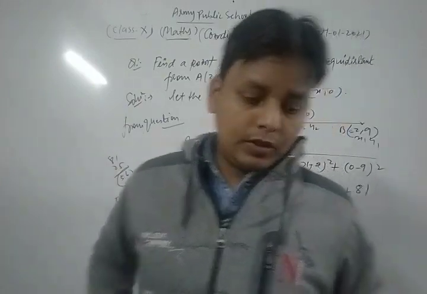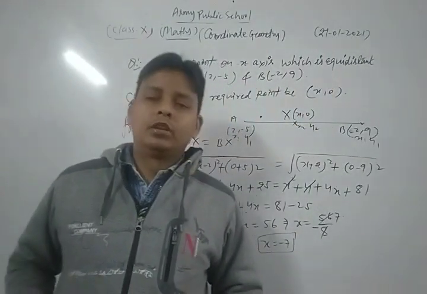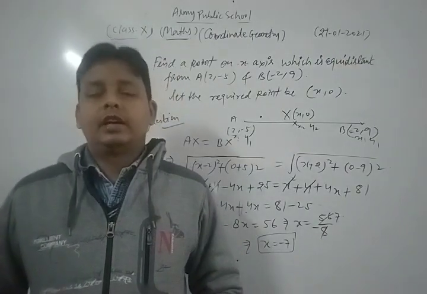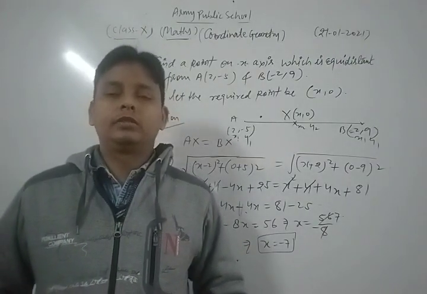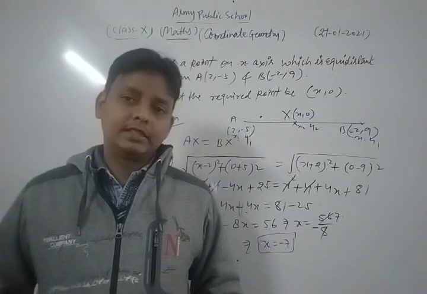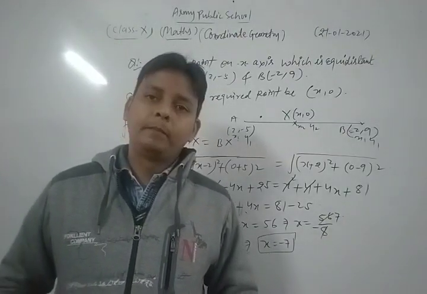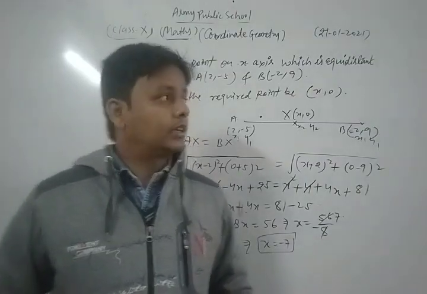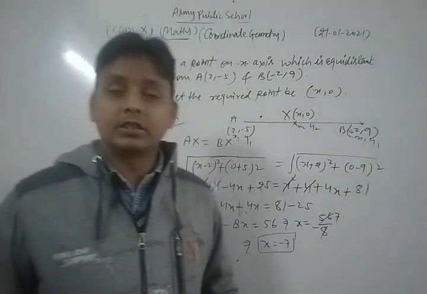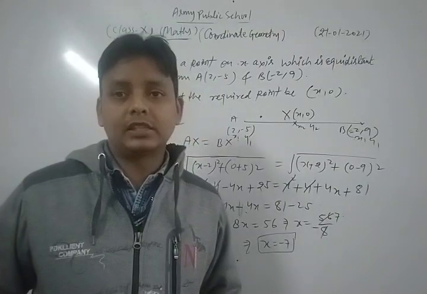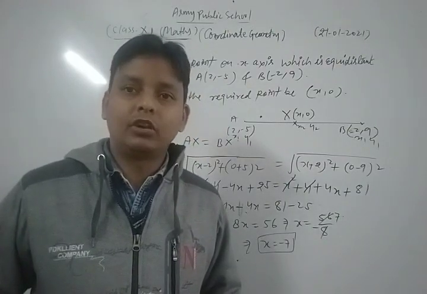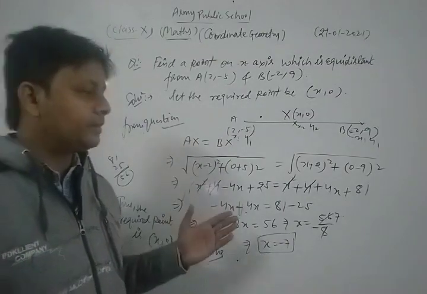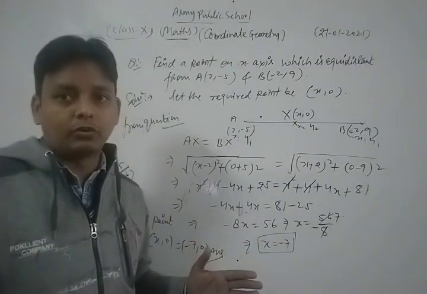Thus dear students, in today's class we take and solve a very important chapter of your NCERT exercise, which is coordinate geometry. In that chapter we discuss all the important concepts, like the Cartesian coordinate system, the derivation of the distance formula, and we solve different types of questions based on the distance formula.